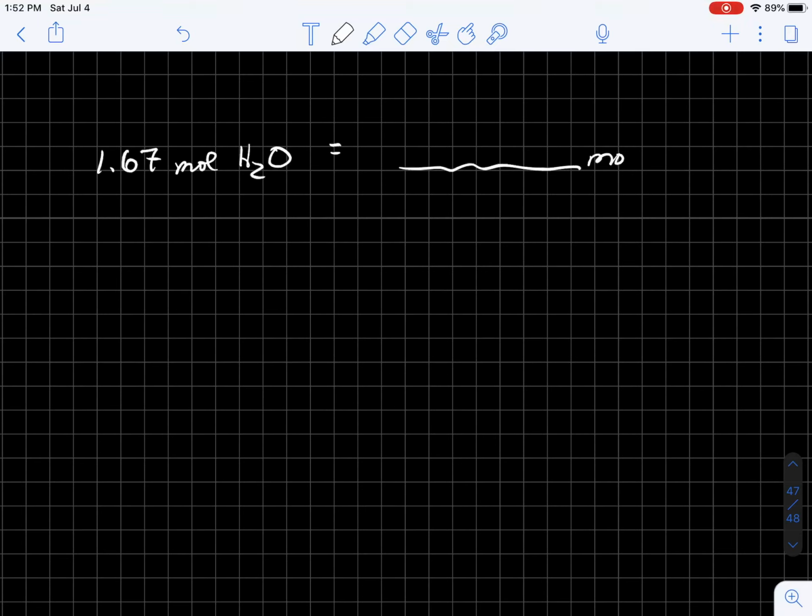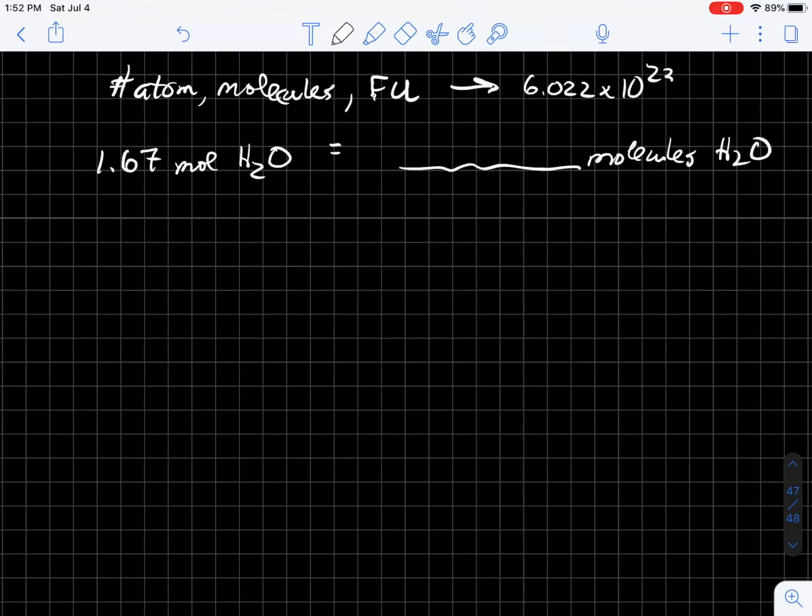And for some reason, we're just wondering, hey, how many molecules of water do we have? All right, so when they talk about the number of atoms and the number of molecules and actually counting the number of formula units, which unfortunately is abbreviated FUs. So atom, molecules, FUs, that's when you're going to use Avogadro's number.